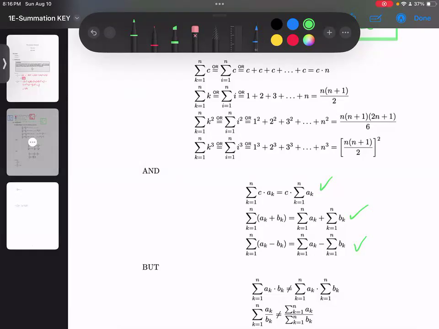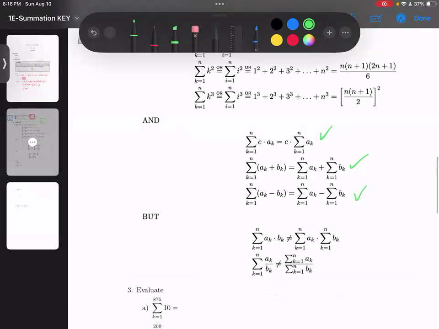But what does not work is if you have a product of summations, it does not split into two products. Okay, it just does not. It doesn't work like that. Same thing with quotient. You can try it out. So for example, the summation k equals 1 to 2 of n times n plus 1 is not equal to the summation k equals 1 to 2 of n times the summation k equals 1 to 2 of n plus 1.